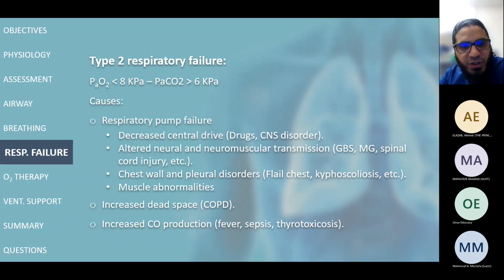The last cause is not a direct cause of type 2 respiratory failure, it's just the increased production in comparison to the clearance. So increased production alone is very unlikely to cause type 2 respiratory failure, and the body can easily compensate for that. But if the compensatory mechanisms are defective, this can lead to type 2 respiratory failure.